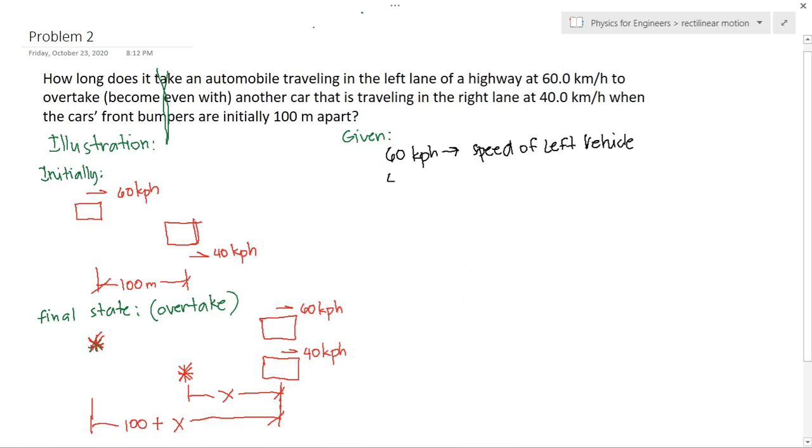Then we also have 40 km per hour, another speed of a right vehicle. So meron silang ganun. And then we also have 100 meters. Then ito pala yung distance nila. So distance between them.